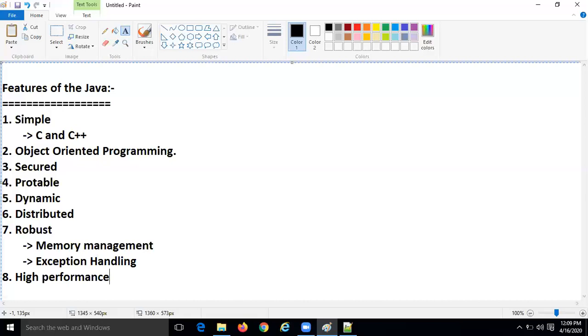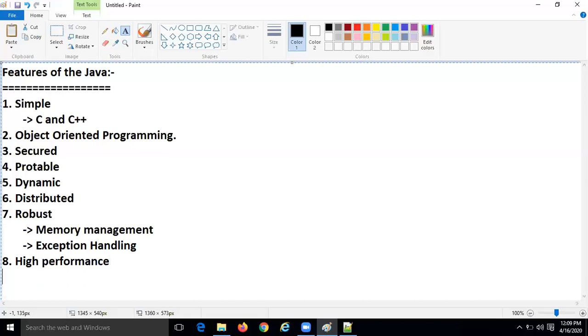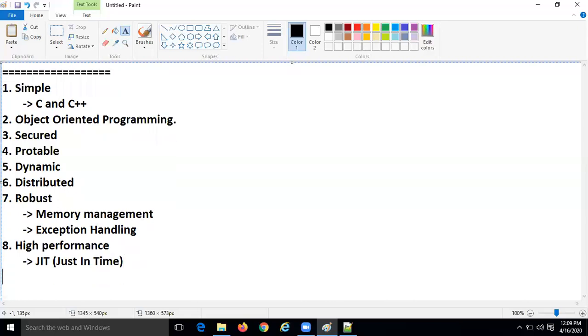That will be helpful. JIT stands for what? J-I-T. Just in time. Okay, here Java is high performance.